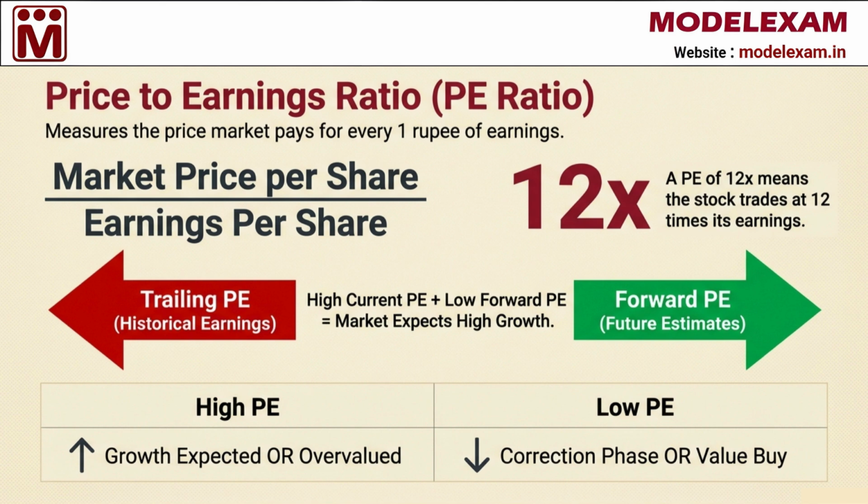We look at trailing PE based on historical earnings and forward PE based on future estimates. A high PE usually suggests growth is expected or the stock is overvalued, while a low PE might indicate a correction phase or a value buy opportunity.